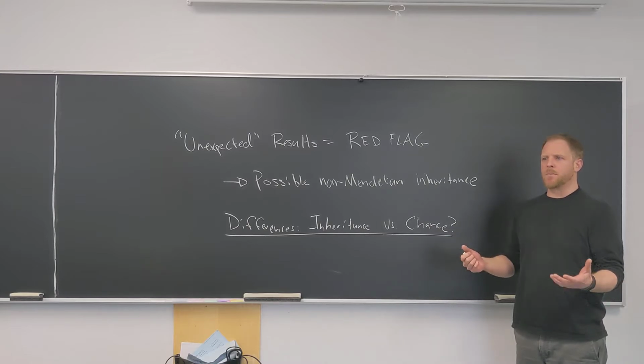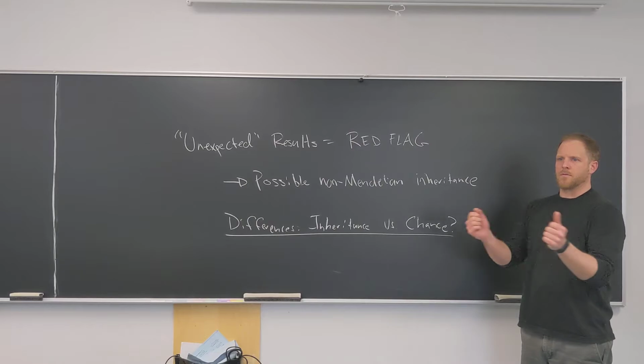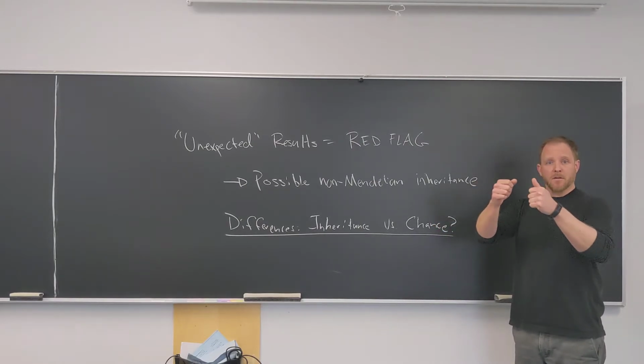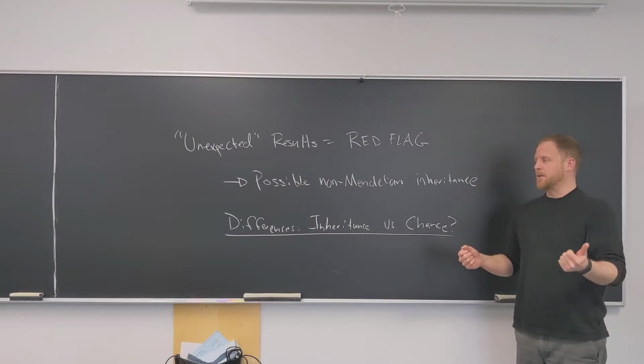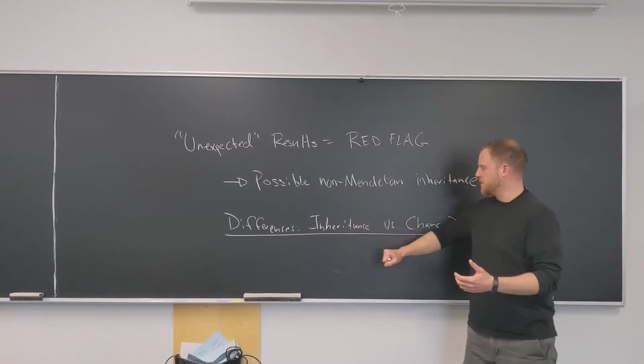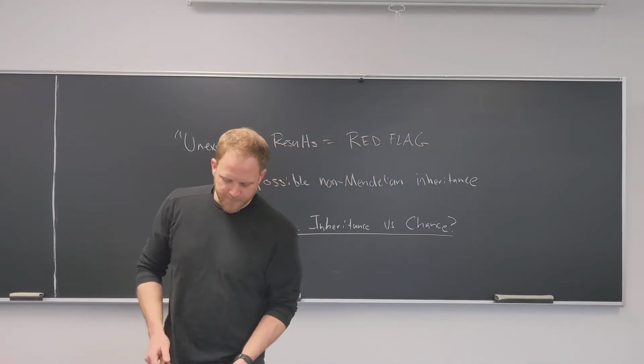Remember that random chance plays a pretty large role in inheritance, depending on which gametes fertilize and which allele of a particular gene sorts into a particular gamete. So how do we differentiate an actual different pattern of inheritance from random chance? That's what we talk about today.